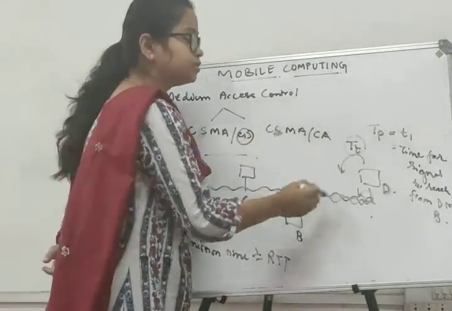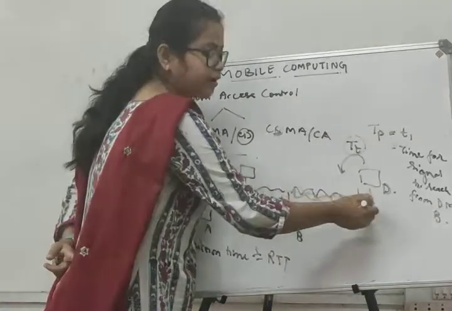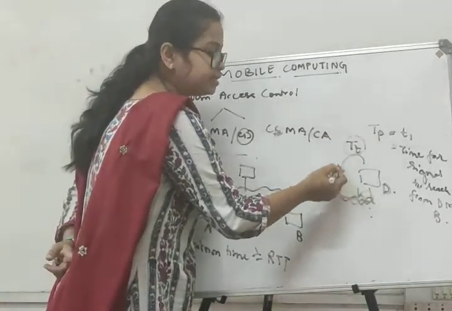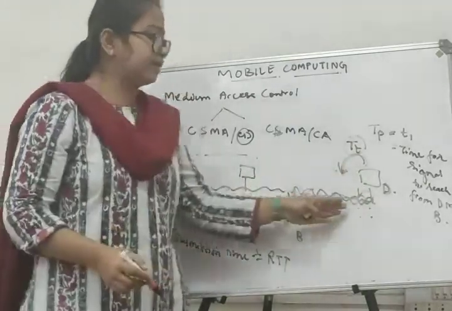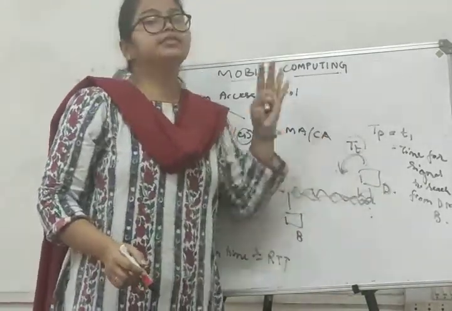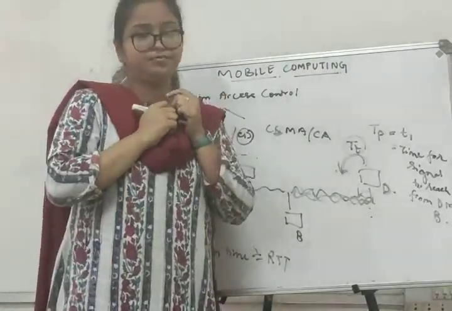This is only possible when the return signal comes while D is still transmitting. If D is still transmitting while getting the collided signal back, then D can make sure that yes, collision has happened.